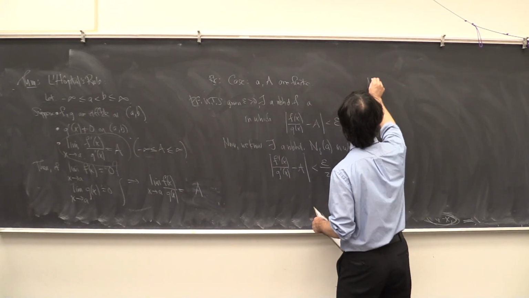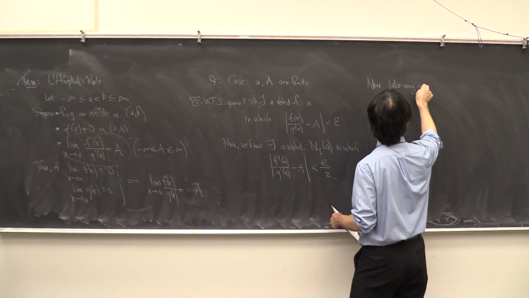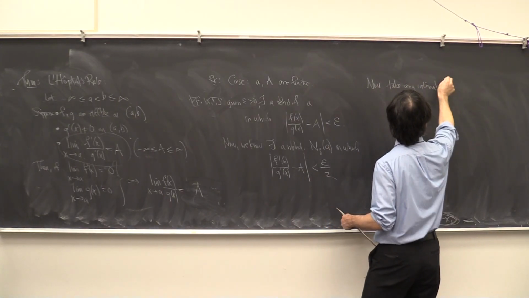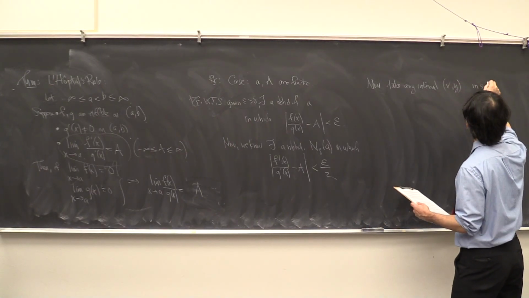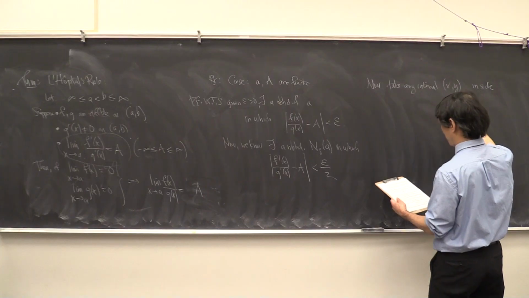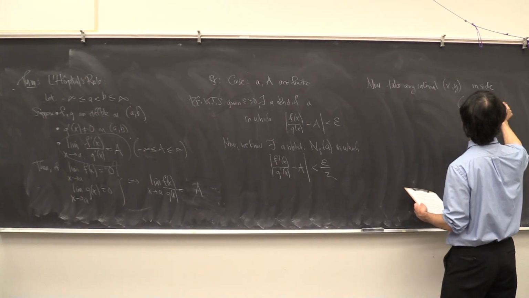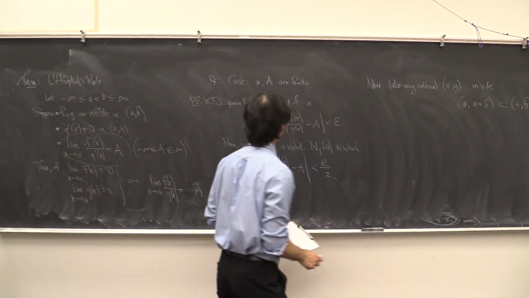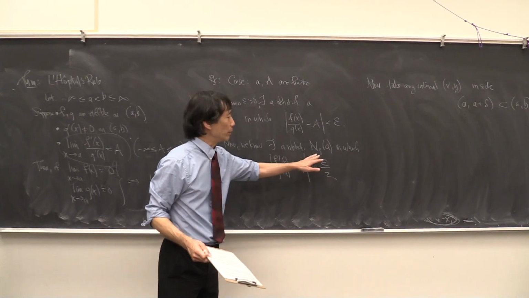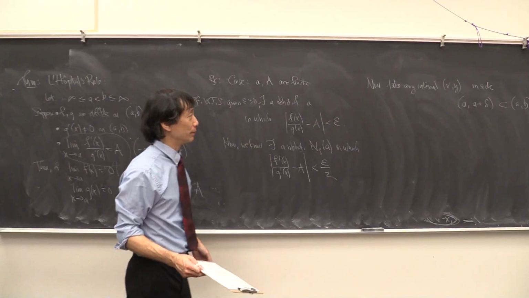Okay, so now take any interval x, y inside A plus delta. So choose your delta so that the delta neighborhood lies inside of the AB interval.